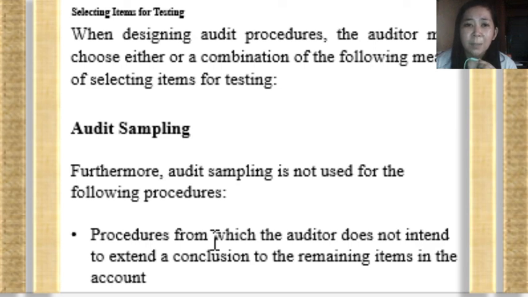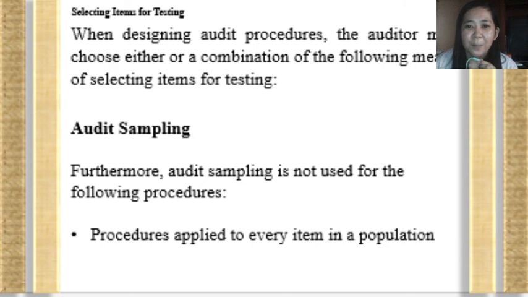If he does, he might include in the sample items which are not part of his scope or responsibilities. That's why only those items which are included in the scope should be evaluated or tested.